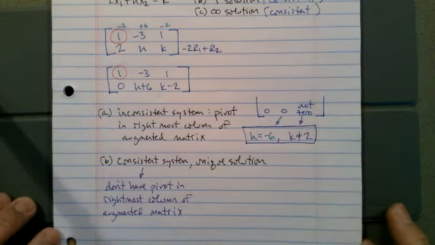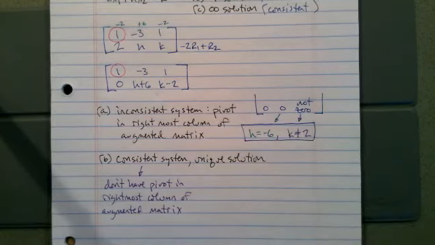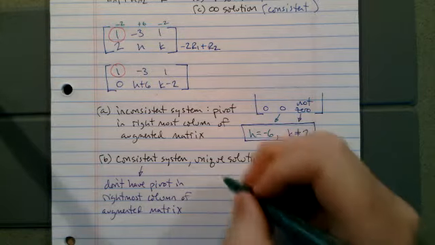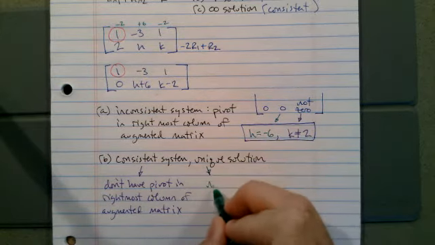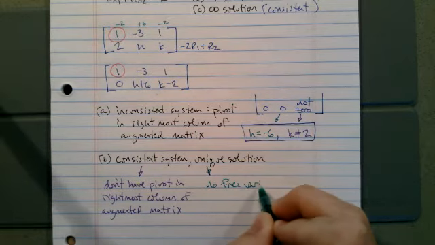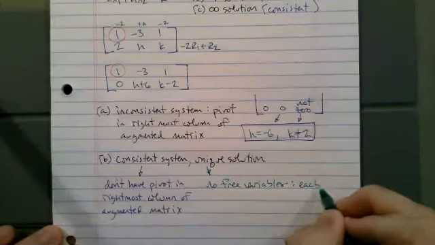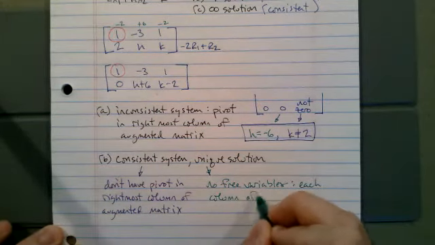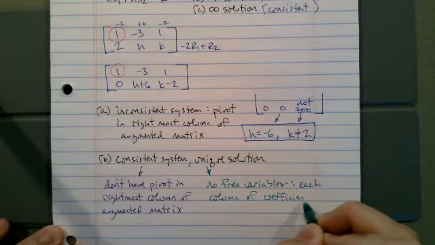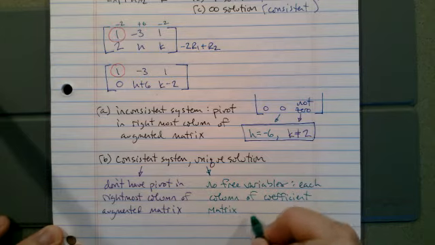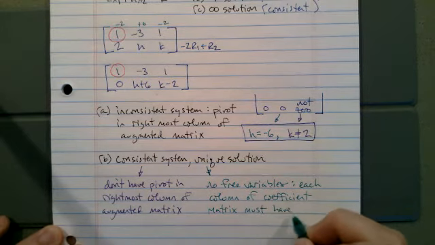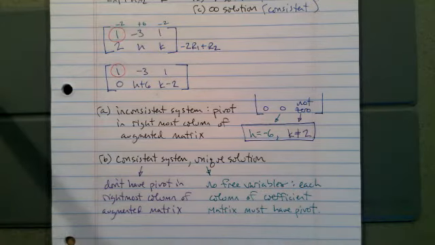A unique solution means we have no free variables. So each column of the coefficient matrix must be a pivot column. So each column of the coefficient matrix must have a pivot.